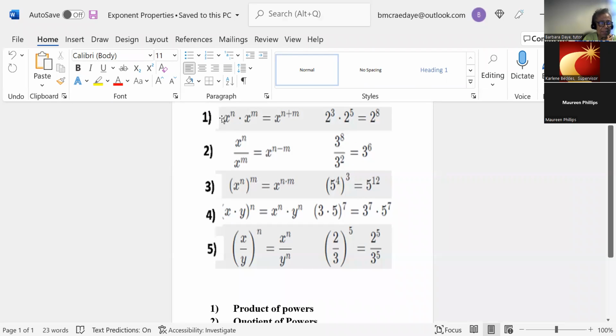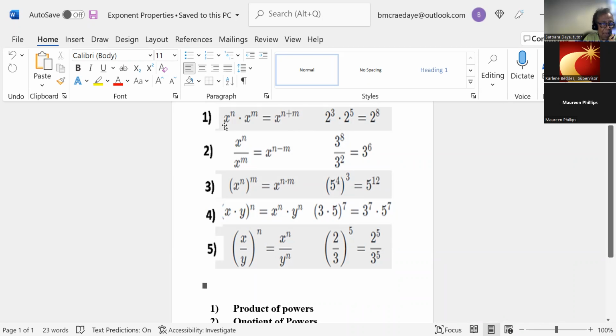So all this means is, and notice I put the number here, this says x to the n times, the dot there is used for the multiplication symbol, x to the m is x to the n plus m. So that's a product. And a product is what you get when you do what, Maureen? Multiply. That's right. Very good. The multiplication operation gives you a product.